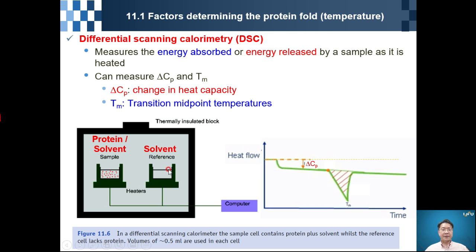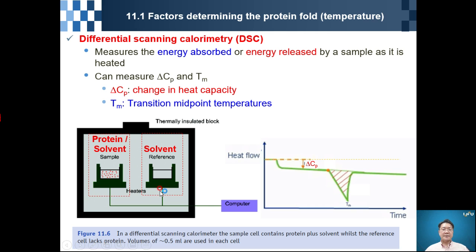In another container we put the reference, where we only put the solvent. After that, we can measure the energy absorbed or released by a sample as it is heated.